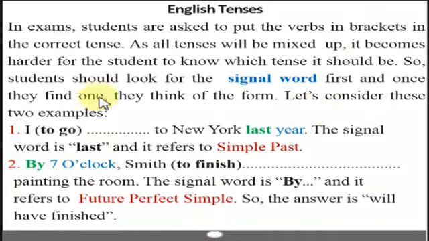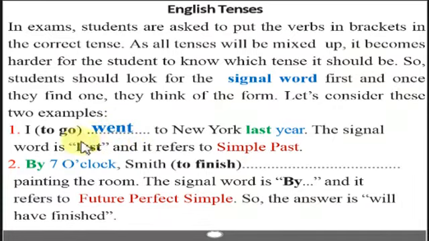Let's consider these two examples. For example, I وعطاونا هنا الفيرب go, to go يعني الانفينيتيف ديال go, to New York last year. يعني last year هي signal word، هي التايم انديكيتور اللي كتبين لنا العام الماضي. يعني وبالتالي هذا العام الماضي هو اللي كيبين بان خصنا نصرفوا هذا الفعل هذا في simple past. simple past هو هنا الافيرماتيف فورم عندنا، لان ما عندناش نوت وما عندناش سؤال، وبالتالي كنتفكروا بان الافيرماتيف فورم ديال simple past هي subject plus verb plus ed الا كان الفيرب مريقل. ولكن الا ما كانش مريقل الفعل بحال هاد جو ماشي من الirregular verb، خصنا نتفكروا السكند فورم ديالو اللي هي went. صافي كنحطوا went.